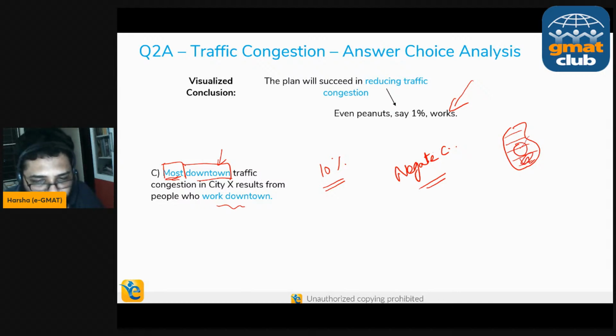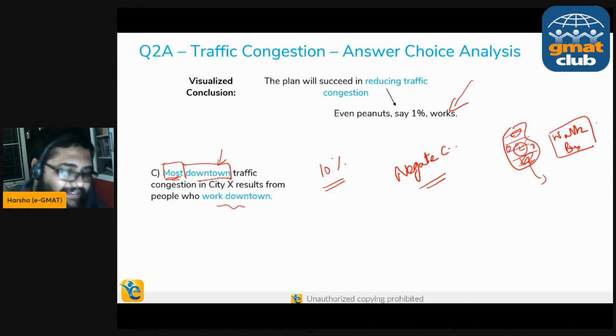Maybe within downtown, all they do is walk or use a public bus, but outside downtown, when they're roaming around these areas, there they use their cars. In such a case, is it necessary that most downtown traffic congestion comes from people who work downtown? Not at all necessary. You don't need any level of traffic congestion from these guys at all in downtown.